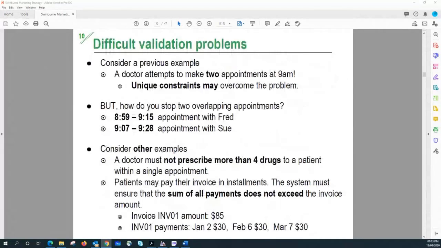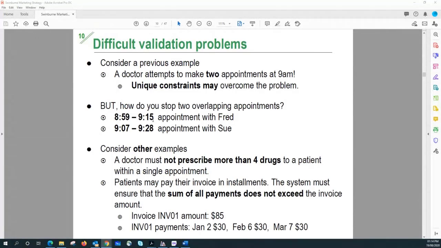For example, one appointment can start at 8:59 and end at 9:15 with the patient Fred.